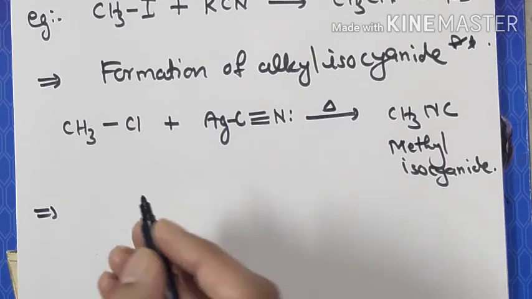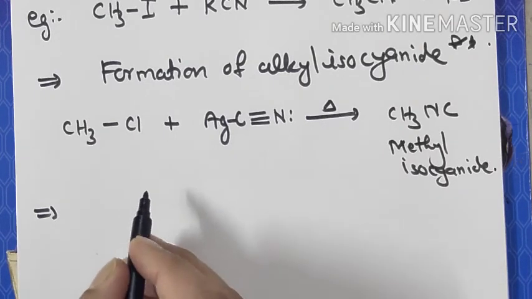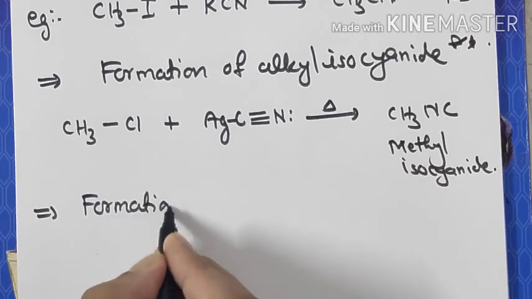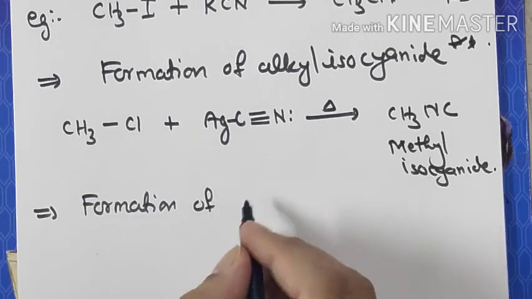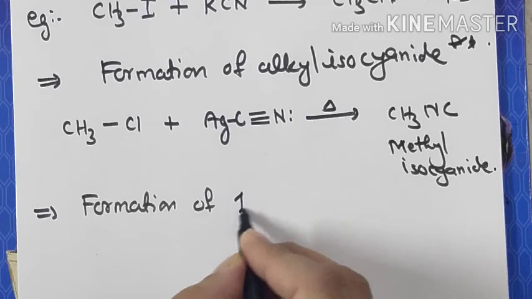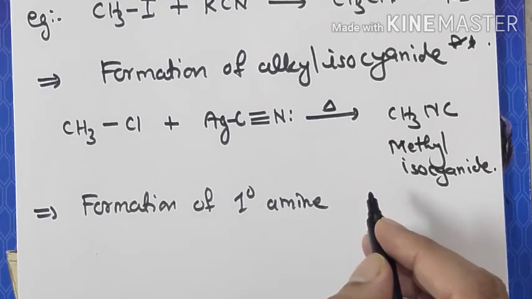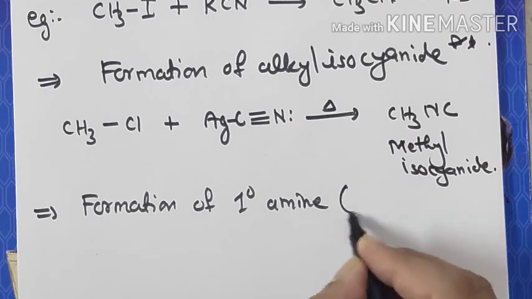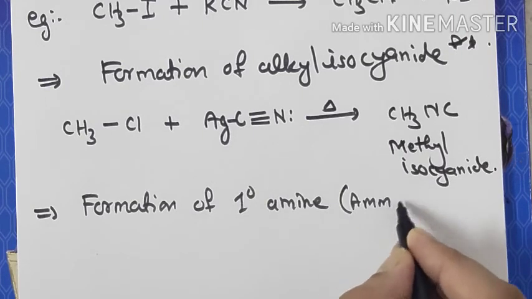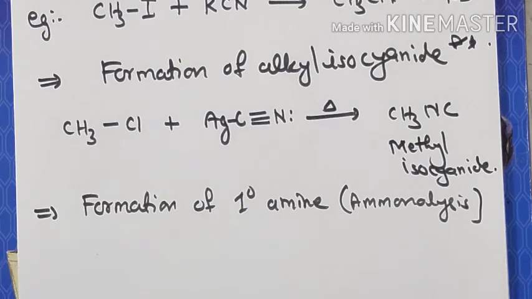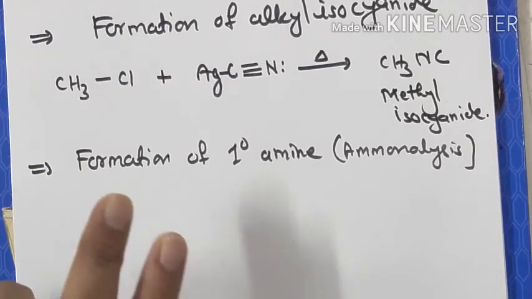next one is formation of 1 degree amine. The process is also called aminolysis. Okay, now what happened in this reaction?